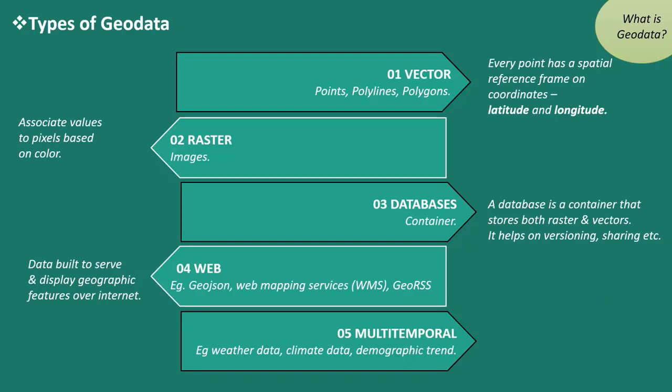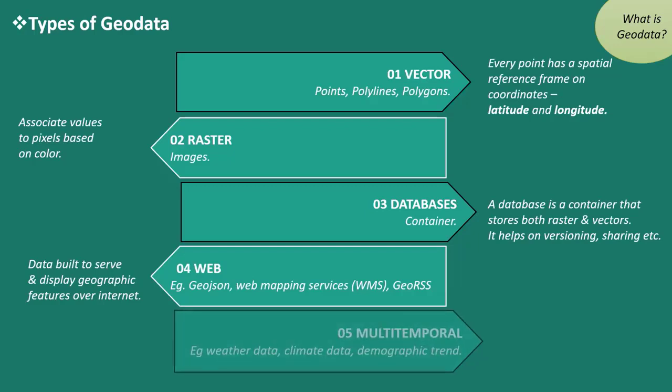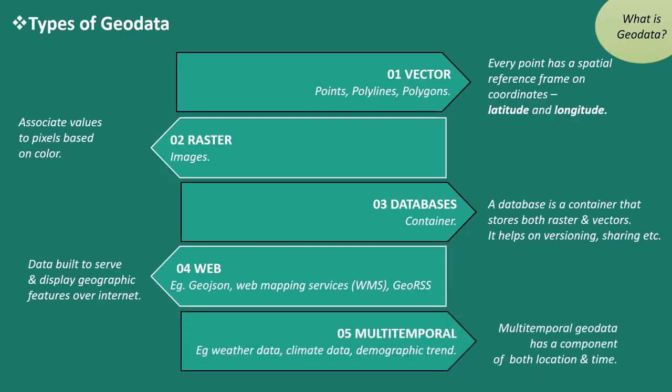Also, the big map companies have their cloud warehouse and they use this format of files within it. Then we have multitemporal files. Multitemporal is actually a vector file that also has a time component. It can be weather data, climate data, or how population changes, for example, demographic trends, etc.